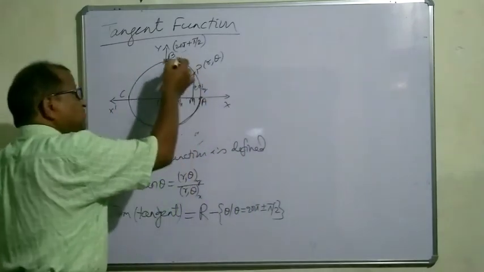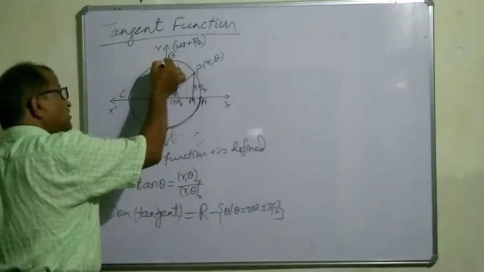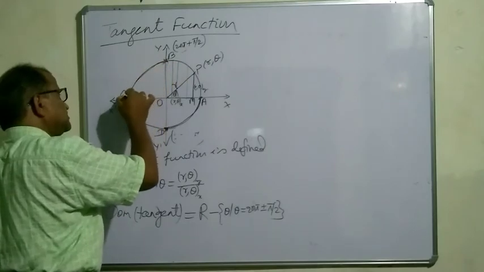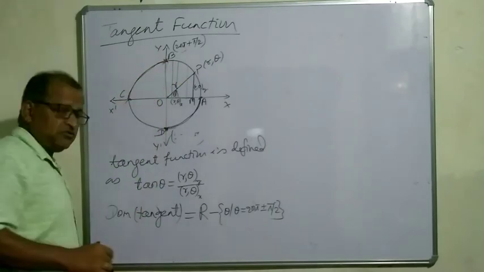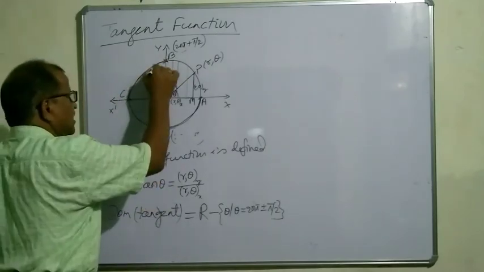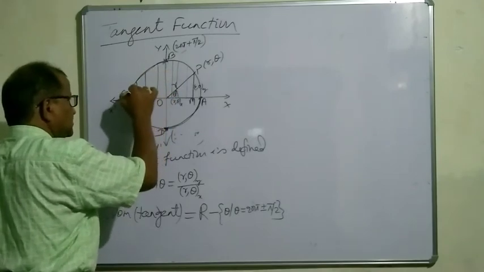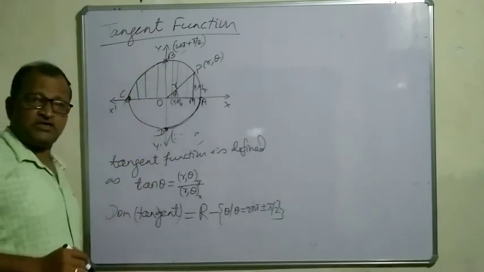From 0 it becomes infinite. Again you see, here it will decrease, r sin theta will decrease, and here it will be 0.